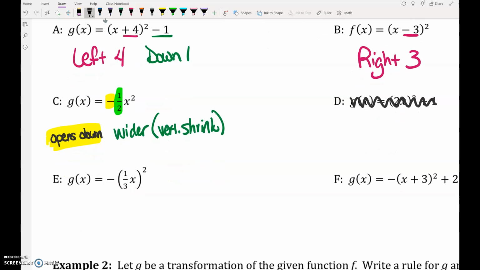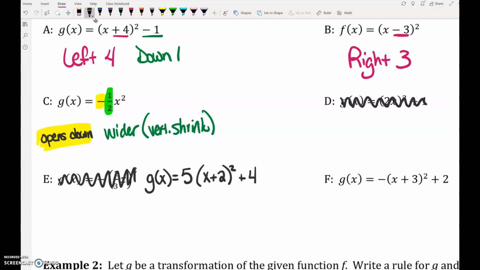E, we're going to change. I'm going to rewrite this as g of x equals 5 times the quantity x plus 2 squared plus 4. Try E and F on your own.